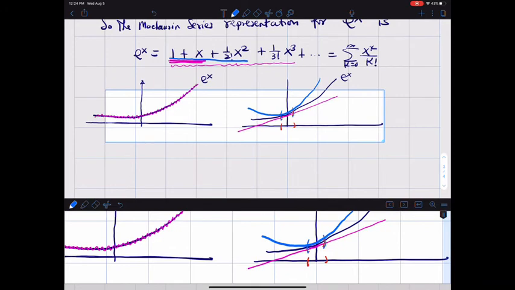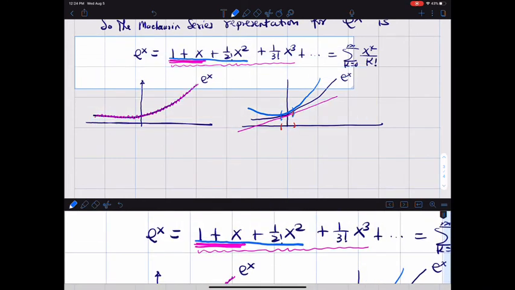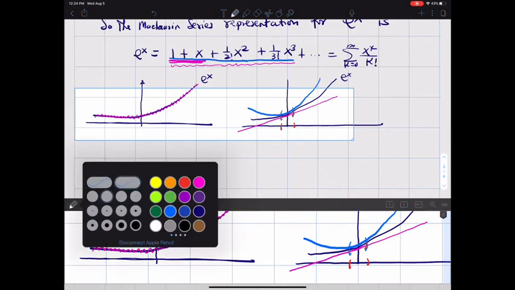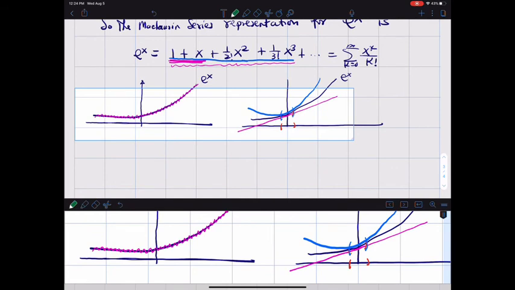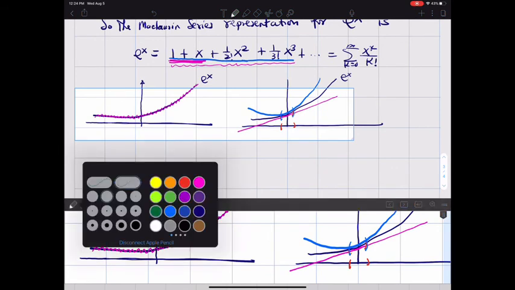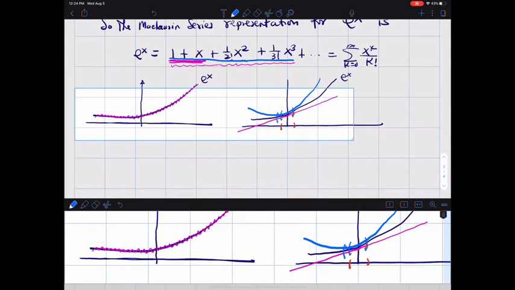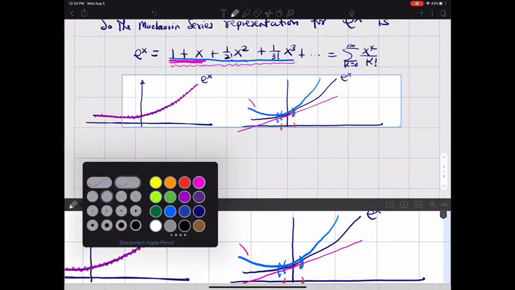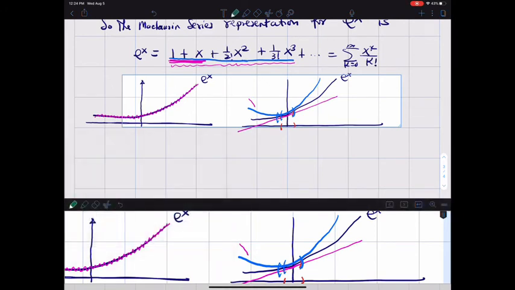Now, if you go with more terms, you might get something that looks weirder, but it's giving you a better approximation. And the interval of approximation for the three terms is actually better than the red one. If you decide to do more, you might end up with, let's do green, maybe something like this.